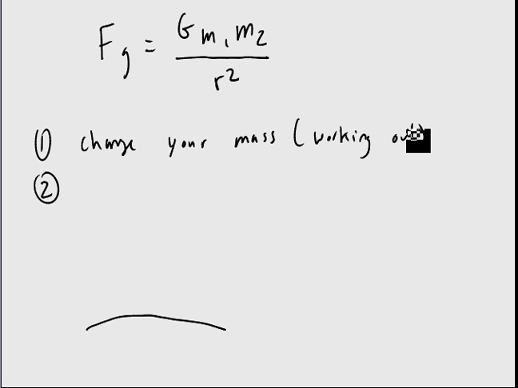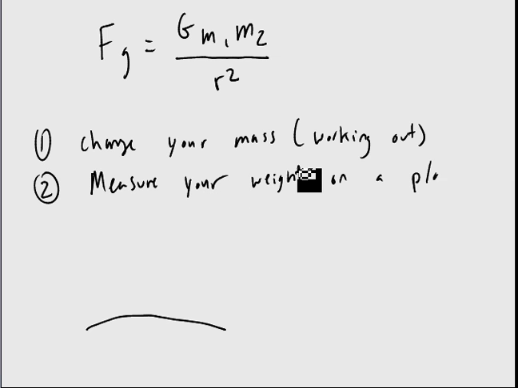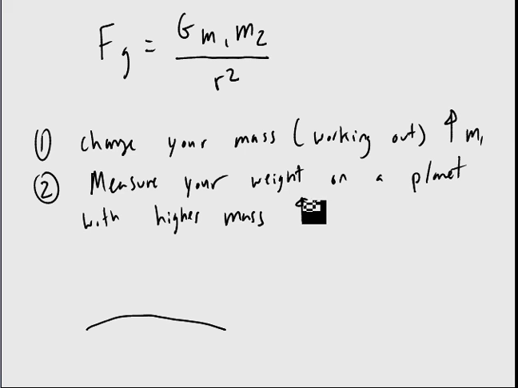Way number 2 is to measure your weight on a planet with higher mass, right? So these two different methods could be said as increasing mass 1 or increasing mass 2 in this equation.